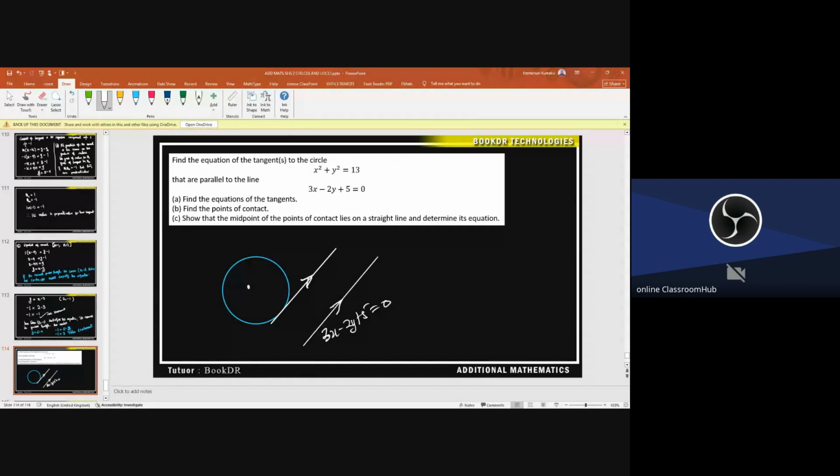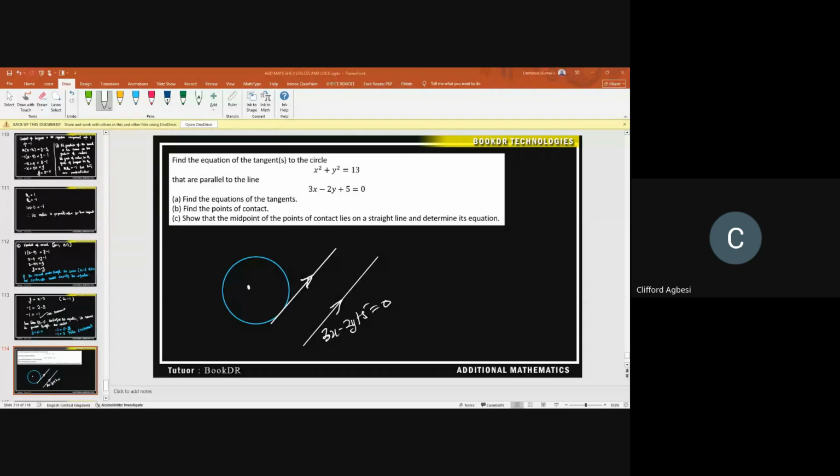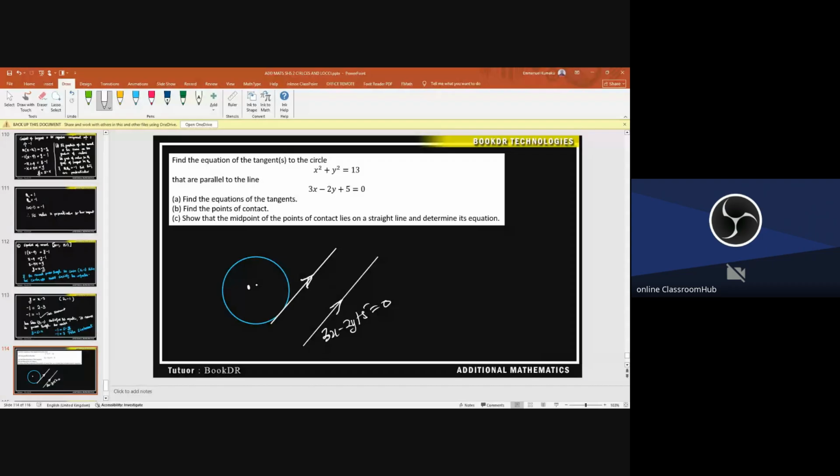Yes, what is the coordinate of the center? Who can tell me? Yes, Clifford, Agbesi. 0, 0. Good. So the coordinate of the center is (0, 0).